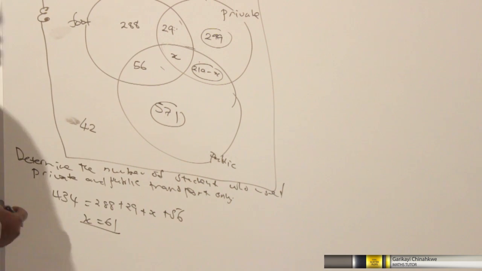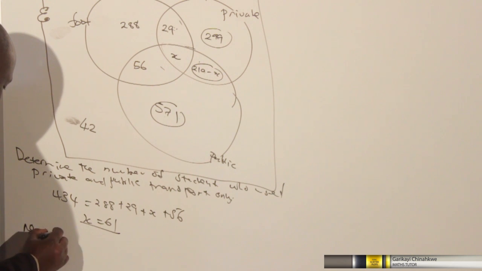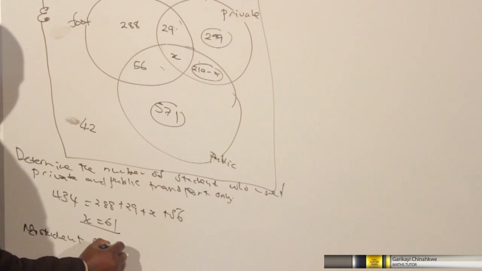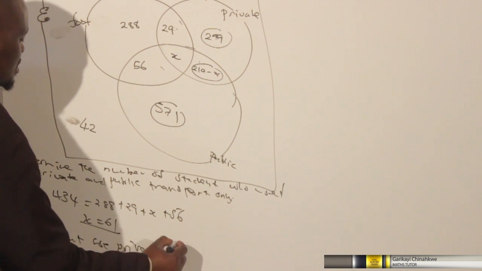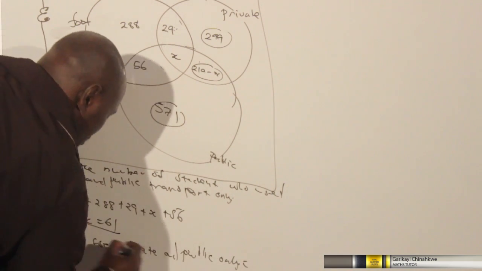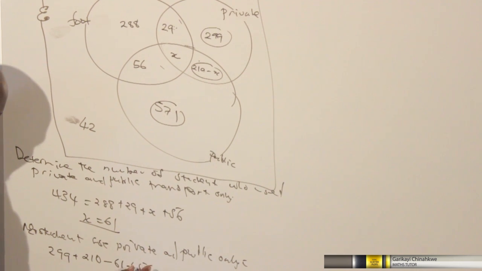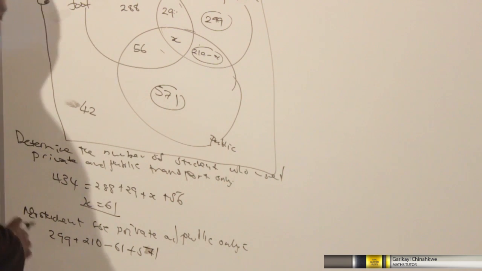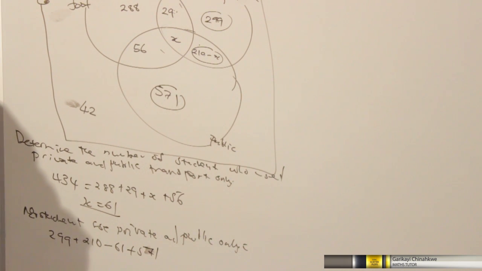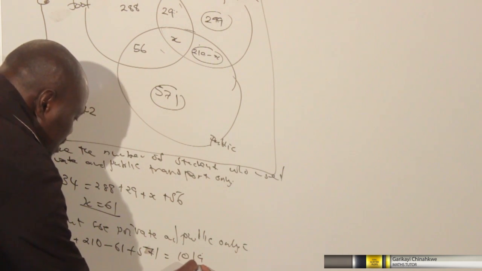That's our X. So for private, the number of students using private and public only is equal to 299 plus 210 minus X. Our X is 61 plus 571, which is going to give us 299 plus 210 minus 61 plus 571, which gives us 1019.